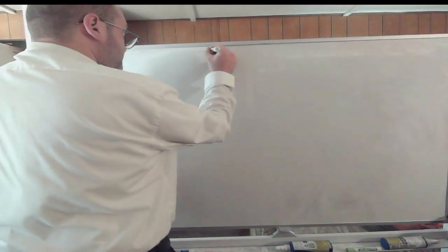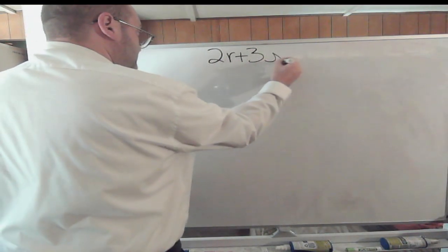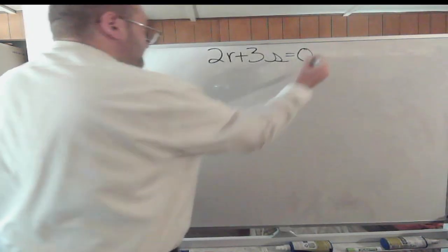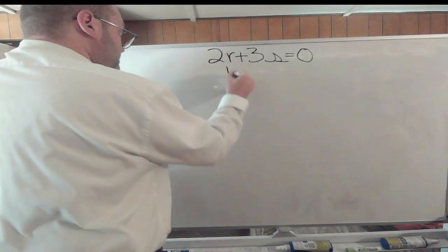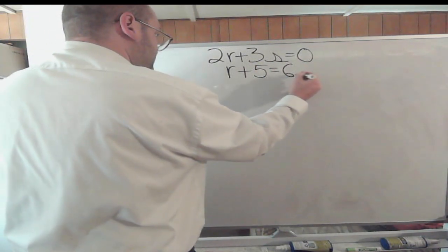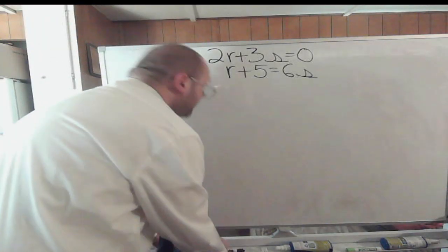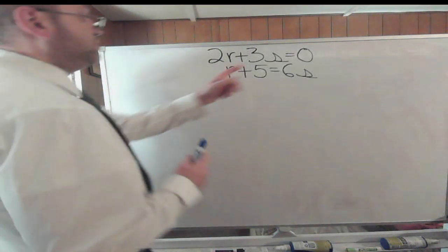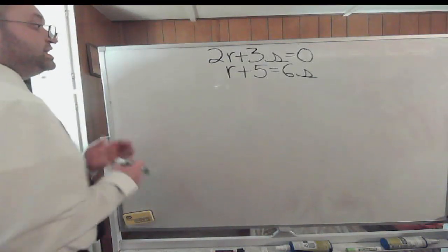We have 2r plus 3s equal to 0. Then we have r plus 5 equal to 6s. So this particular system of equations, we have 2r plus 3s equals 0, and then r plus 5 equals 6s.